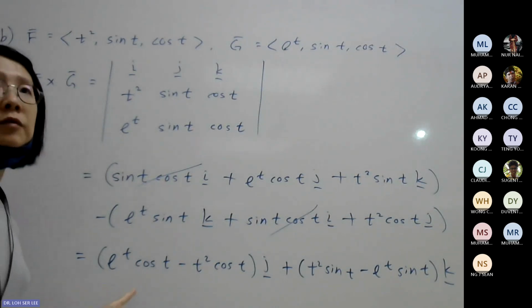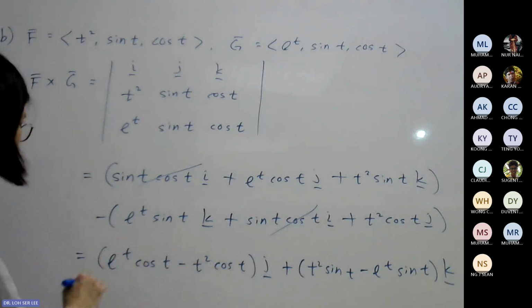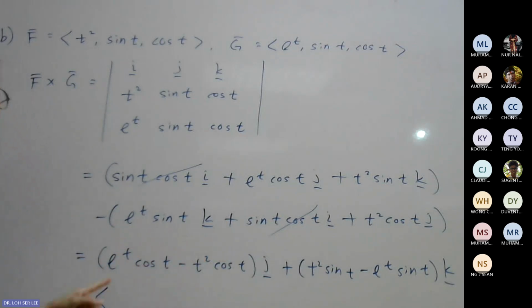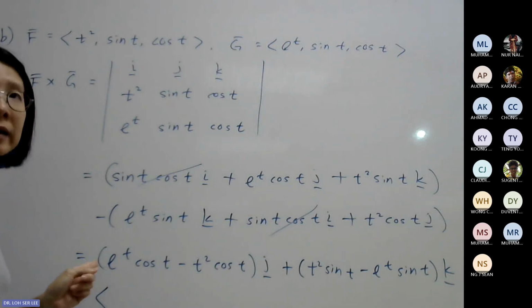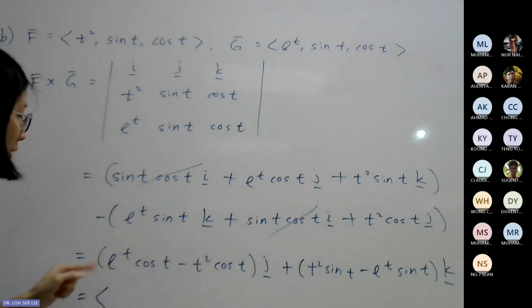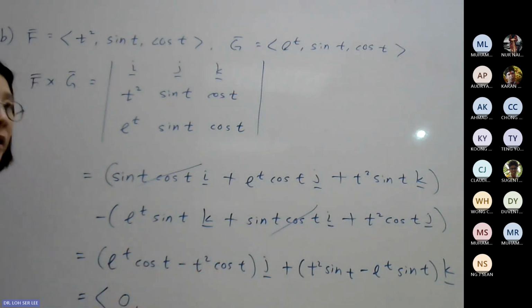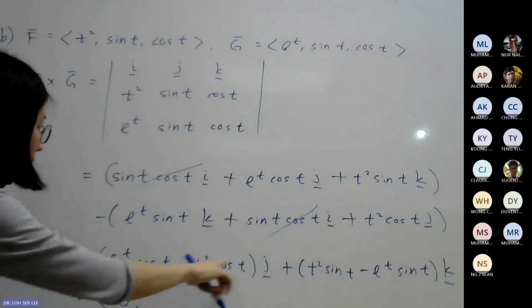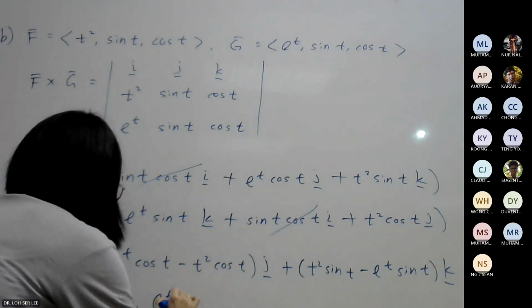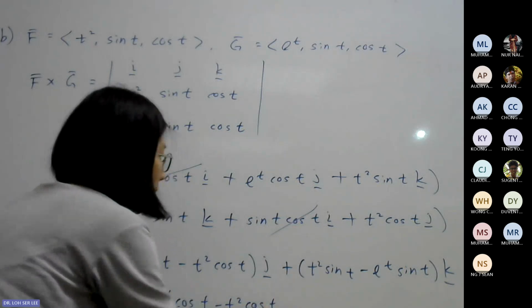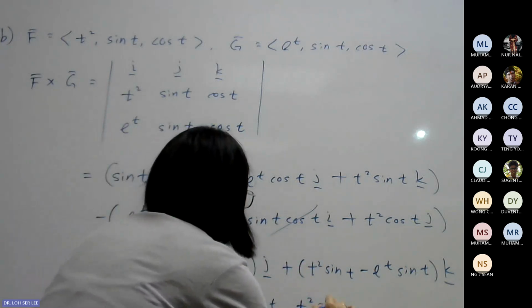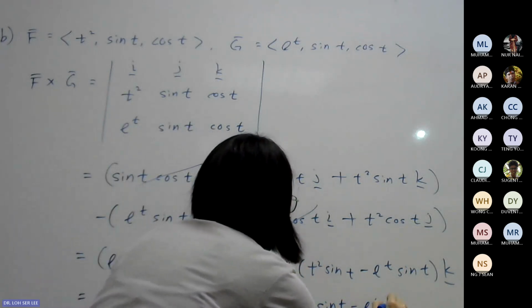Okay, if you write this in the form of bracket, there's no component of I. So you have to put a 0 for I. Then followed by this one, et cos t minus t squared cos t, comma, t squared sin t minus et sin t.